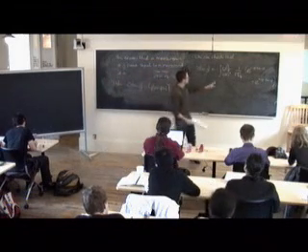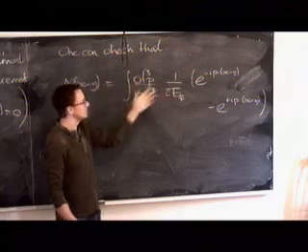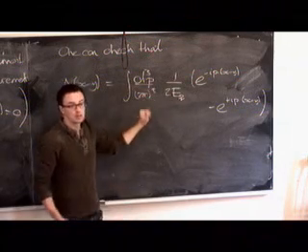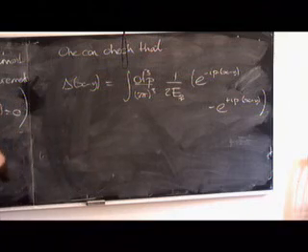Okay, so again, simple calculation: plug in the mode expansions, do the commutations, there'll be delta functions from the commutations, and this is what you get, okay?